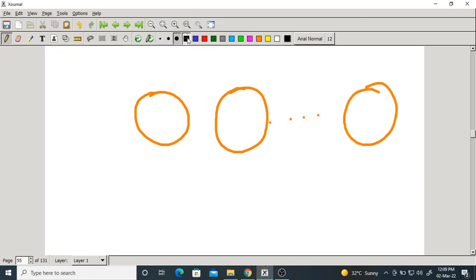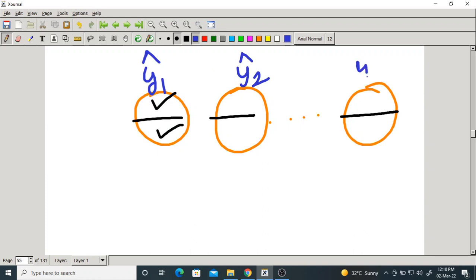Each neuron is divided into two parts: this is called activation, this is called pre-activation. The activation outputs are ŷ1 here, ŷ2 here, ŷk, combinedly called ŷ.